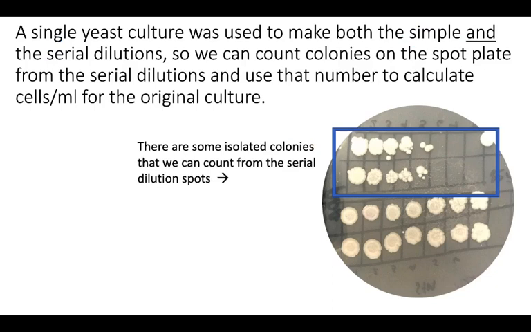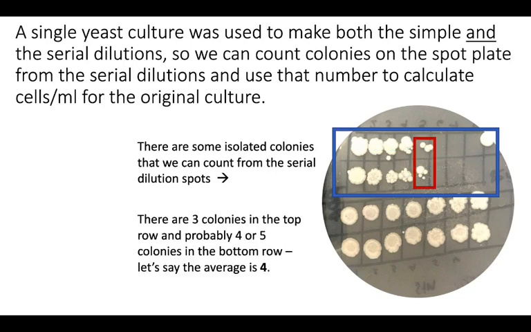So let's look at those serial dilution colonies. You can see that at 1, 2, 3, 4, at the 5th dilution, we actually can see isolated colonies. And if I count those, I see that it looks like there are about 3 colonies on the top and maybe 4 to 5 in the bottom.